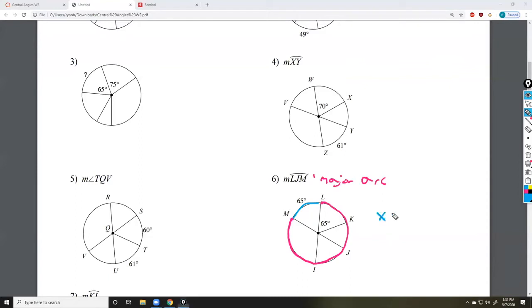So if I take the thing I'm trying to find and add the 65, this measurement here, then I get all the way around the circle. And that'll give me the measurement I'm looking for. And yes, it'll be a big number, which should make sense because 360 is all the way around. This is pretty far around the circle, so it should be an answer of 200 and something, which does make sense in this problem. So there's an example where we're working all the way around the circle.